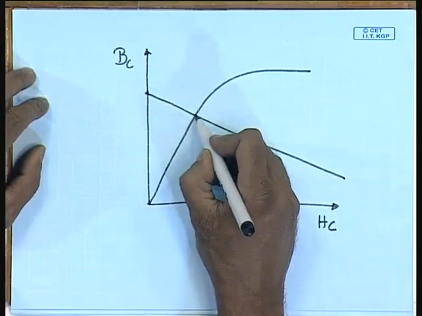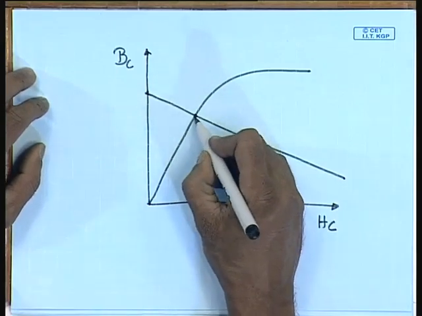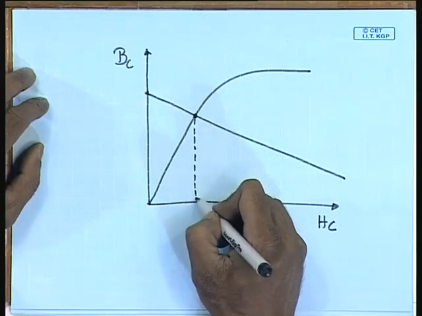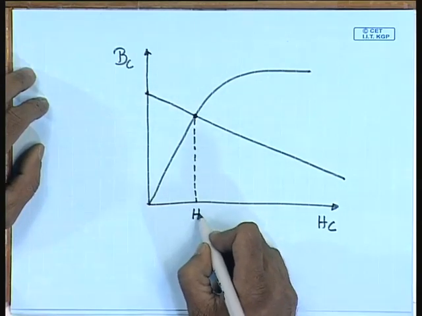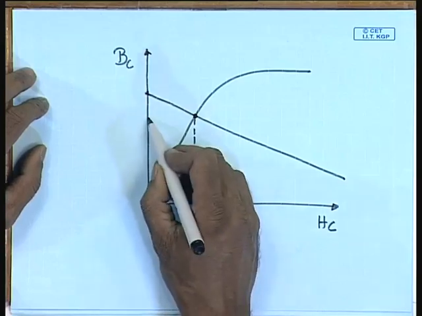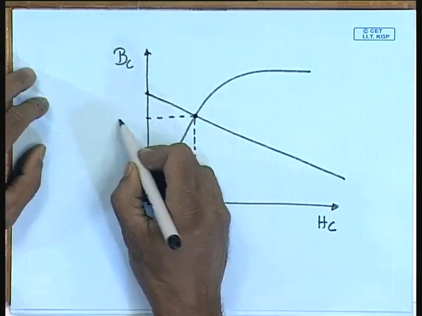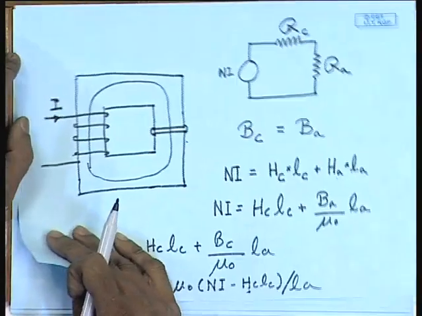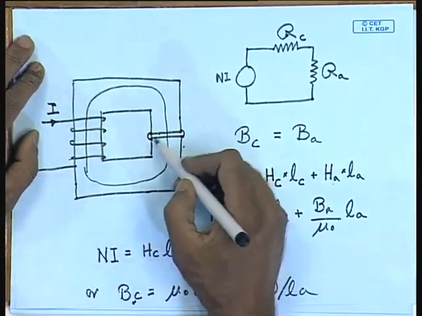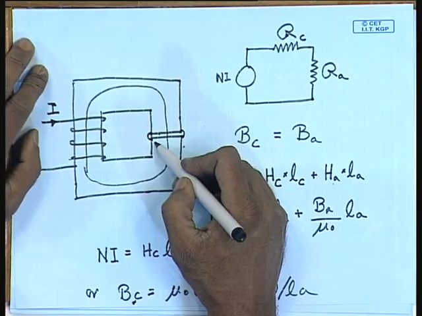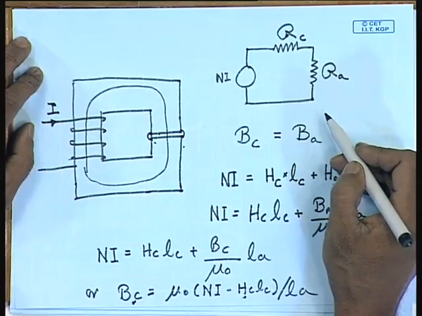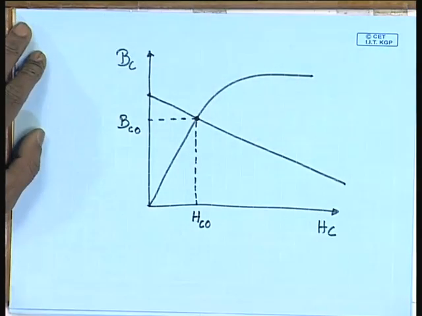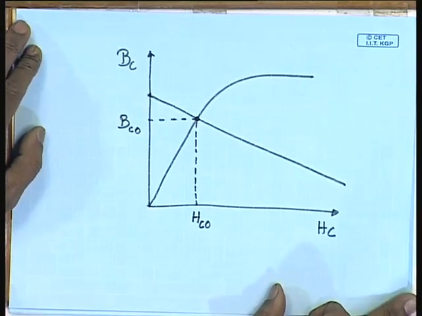The intersection of these two curves will give you the operating point Hc0 and Bc0. So, we see, although the solution of a magnetic circuit like this is somewhat more involved than solving an equivalent electrical circuit, it can still be handled in a graphical manner, and this approach is used.